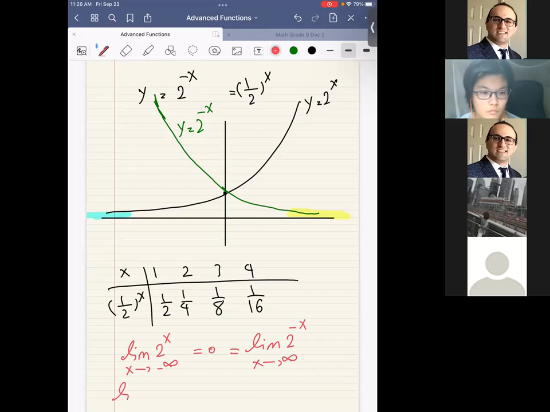And the limit of 2 to the power x when x goes to infinity is infinity, which is the same as the limit of 2 to the power minus x when x goes to negative infinity.